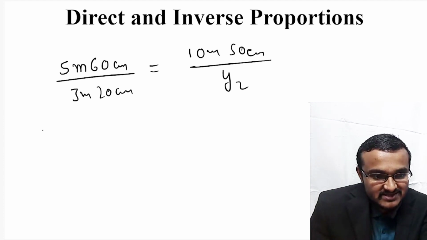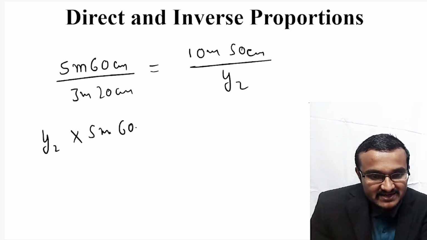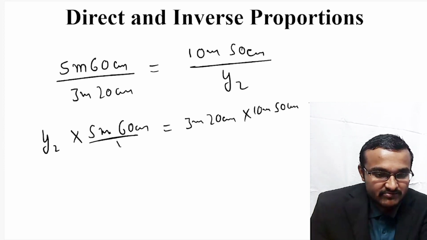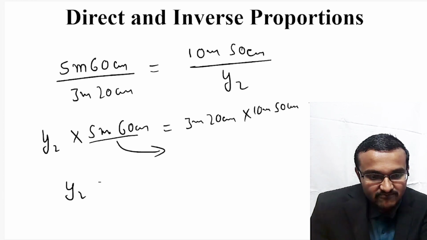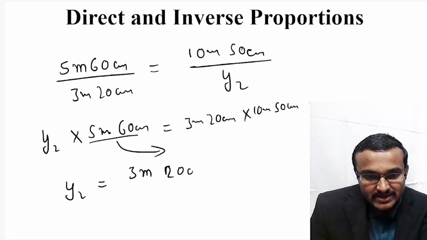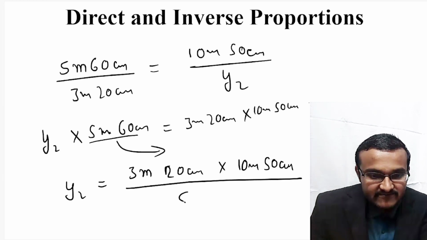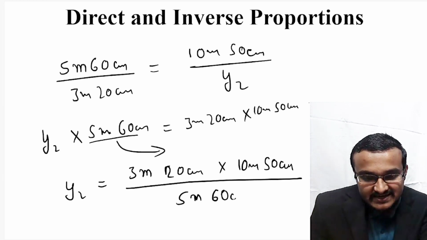So when you cross multiply this, it will be y2 into 5 meter 60 centimeter is equal to 3 meter 20 centimeter into 10 meter 50 centimeter. Now you can bring this 5 meter 60 centimeter to the RHS. It will become y2 is equal to 3 meter 20 centimeter into 10 meter 50 centimeter divided by 5 meter 60 centimeter.